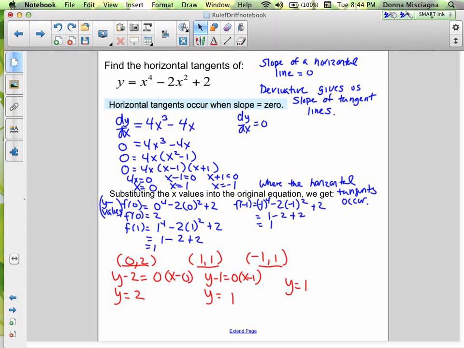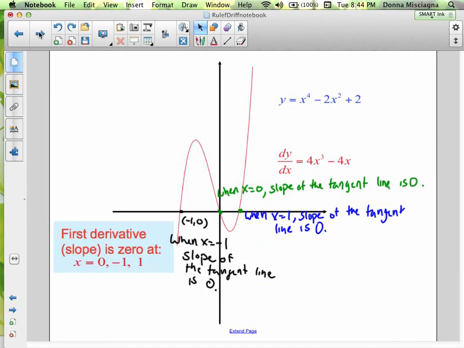All right, so let's take a look at this graph. Our first derivative, or slope, is 0 at x equals 0, -1, and 1. So when x equals -1, the slope of the tangent line is 0. We've got one right here.